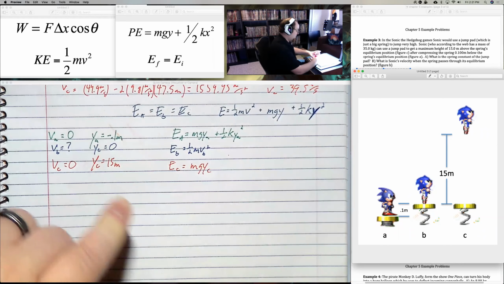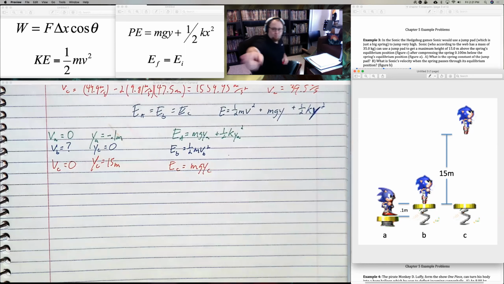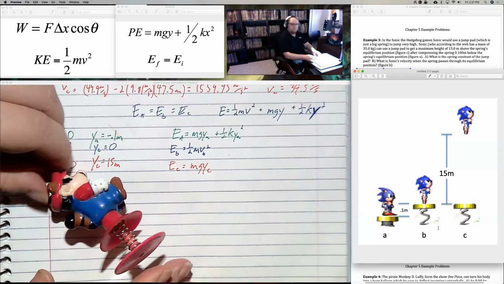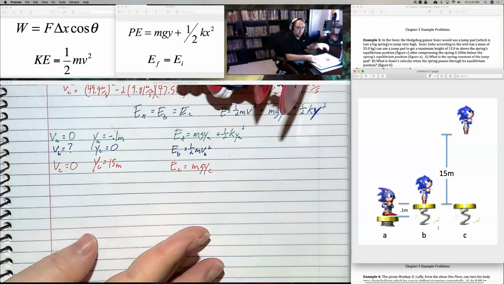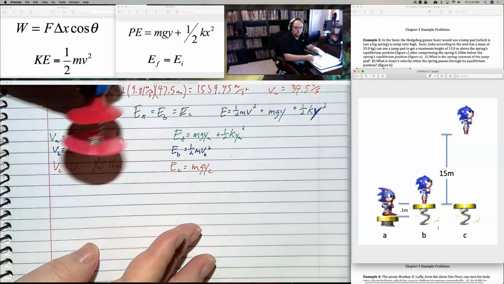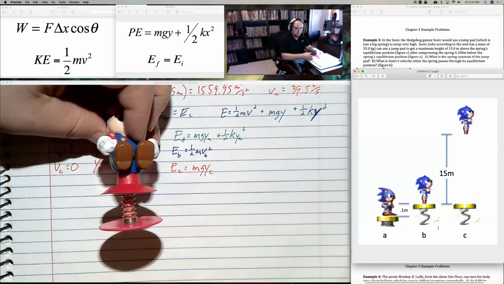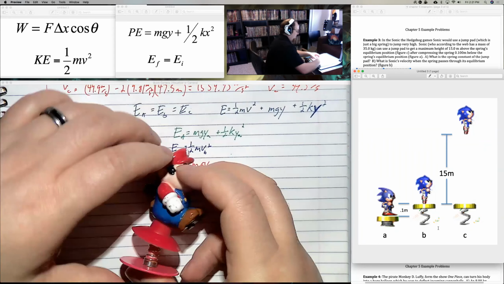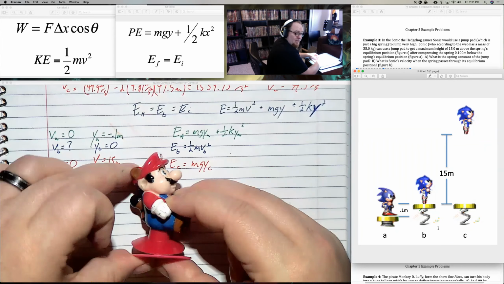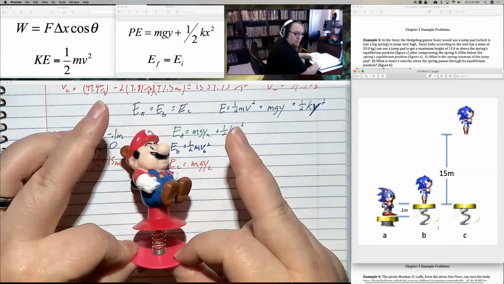You can really see it in the picture as opposed to me playing with this toy. When he goes up, that spring doesn't go up with him. The spring stays down on the ground. When I take this toy and have it shoot up, once it leaves, the spring isn't stretched. Right here it's compressed, but once it goes up, it's not compressed.